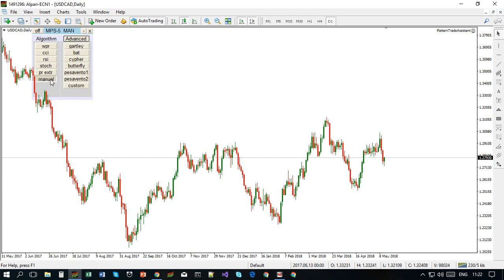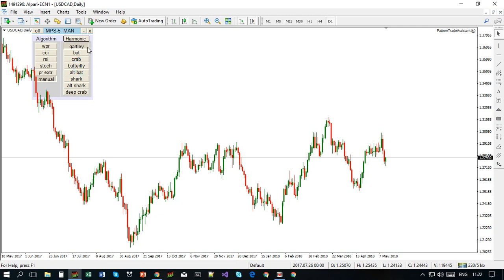Right now the manual mode is hit, and you can draw the pattern simply stretching the diagonal. No Gartley is enabled. Let's go to harmonic approach. Gartley is enabled.